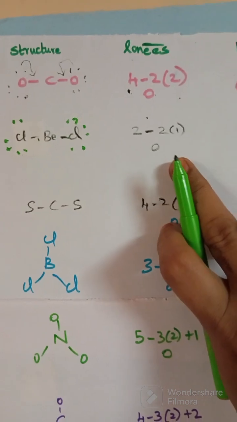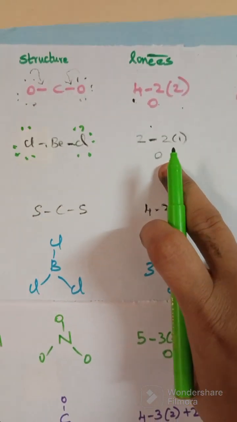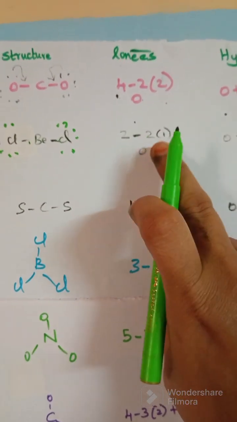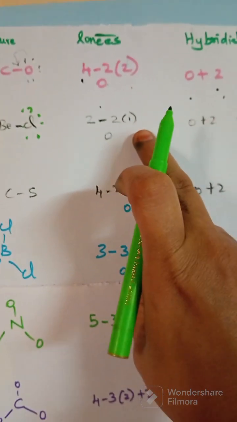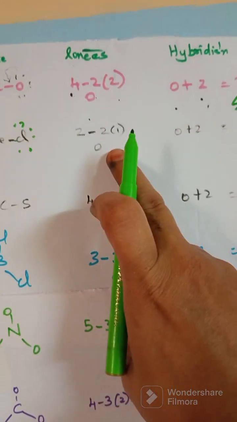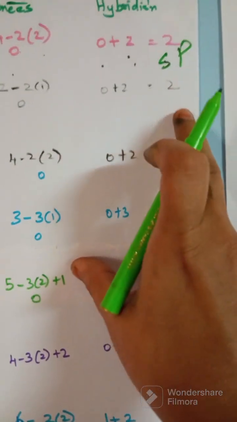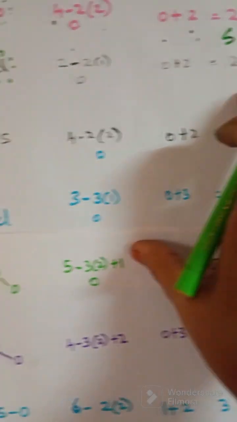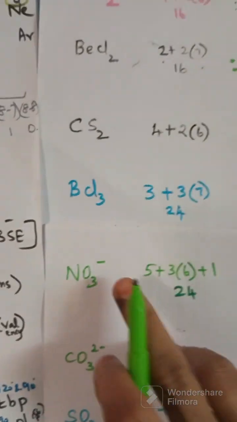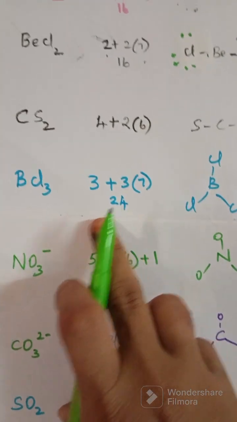So to find the lone electrons, group number of the central atom minus the surrounding atoms into valency. So there are no lone electrons. So hybridization is 0 plus 2, 2, which is once again sp hybridization. Same way we can calculate for the other atoms also.